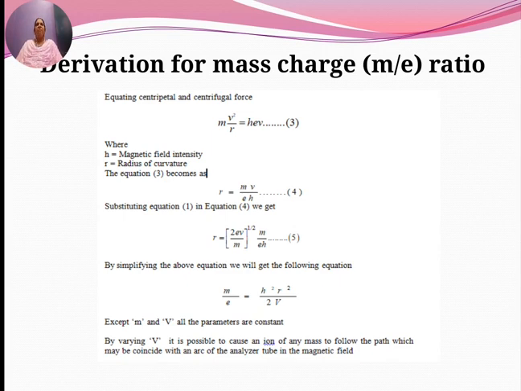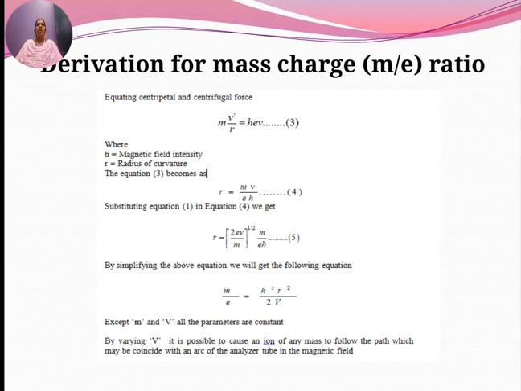So mv square by r is equal to H into eV, where H is the magnetic field intensity, r is the radius of curvature, m is the mass of the ion, v is the velocity of the ion.